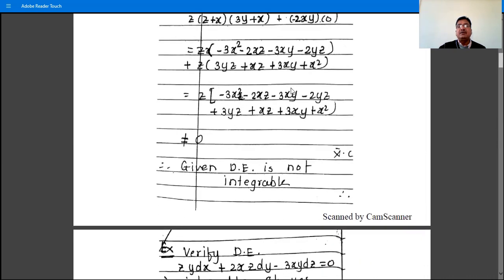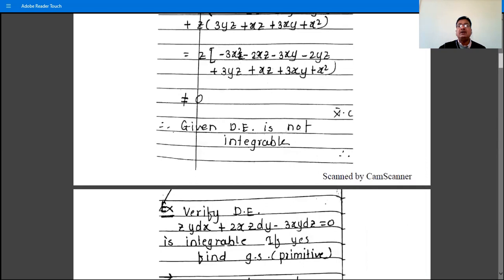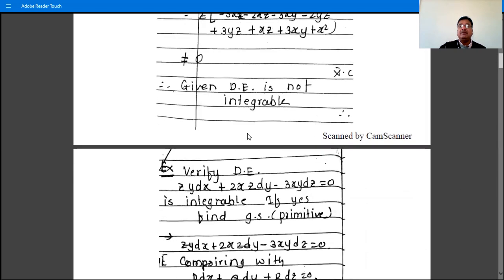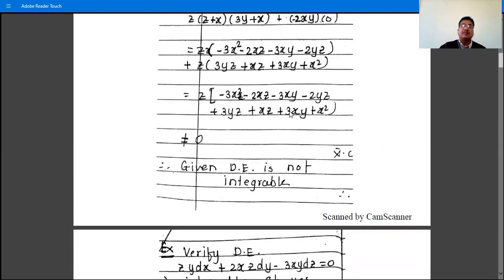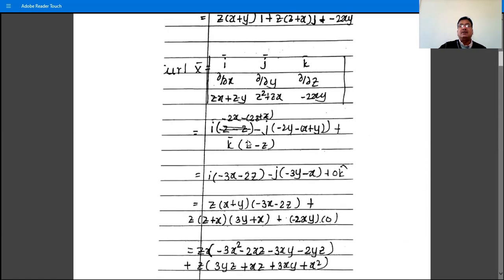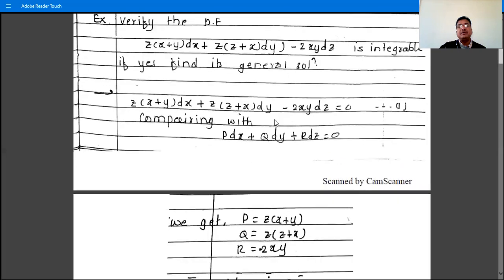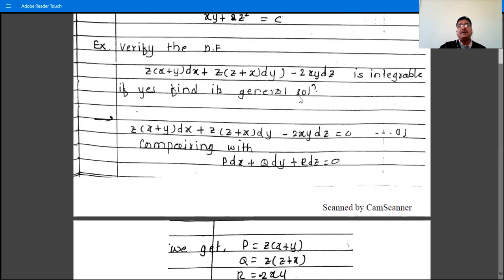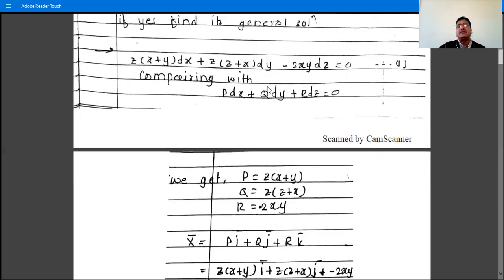So we have this bracket, and this quantity is not equal to 0 because this bracket is not equal to 0, and therefore the given differential equation is not integrable. If the given differential equation is not integrable, then don't find its general solution, because we cannot find its general solution or complete integral.